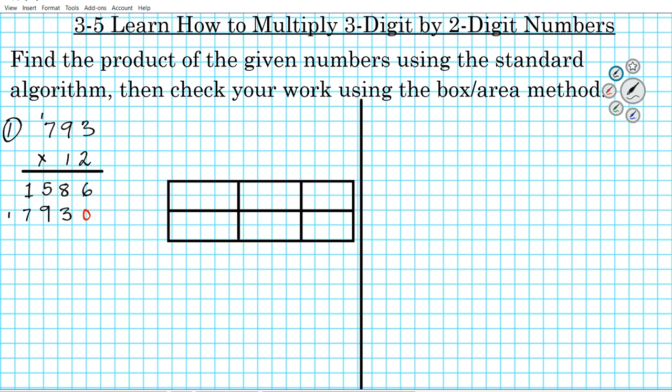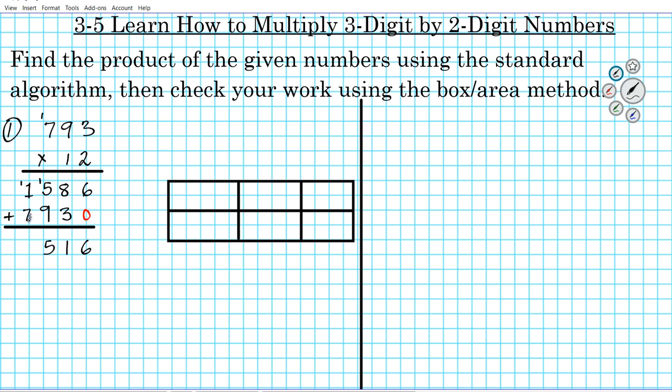Now we're going to add up these numbers vertically to get our final results. Alrighty. 6 plus 0 is 6. 8 plus 3 is 11. 1, carry 1. 6 plus 9 is 15. 5, carry 1.